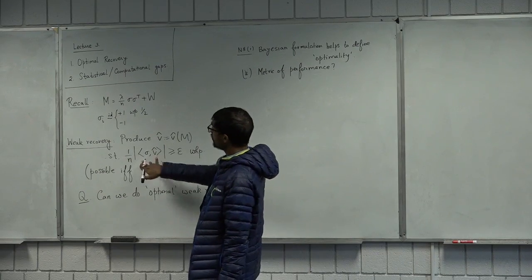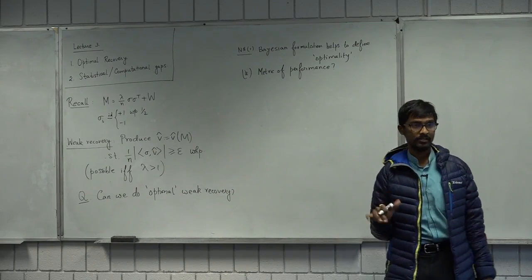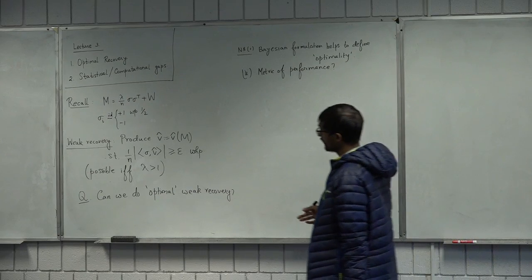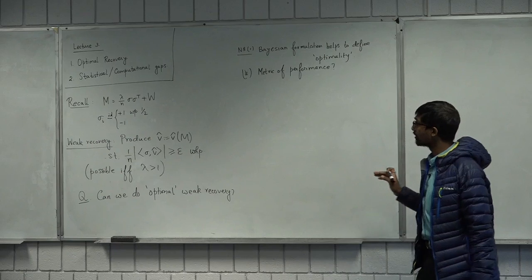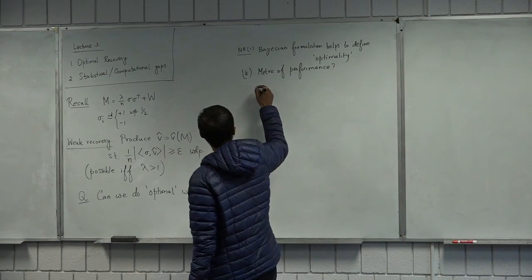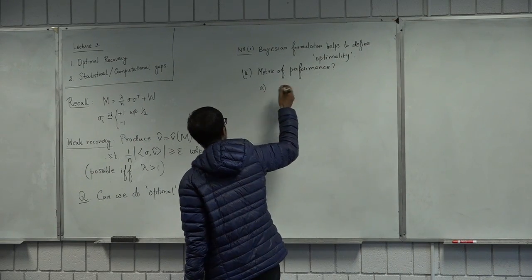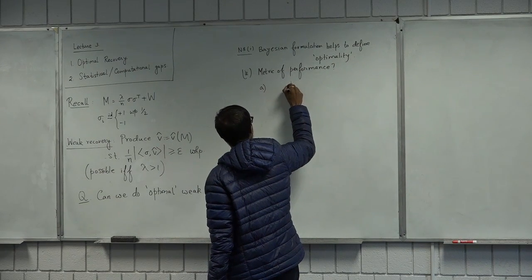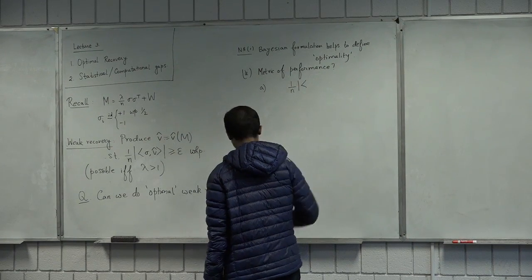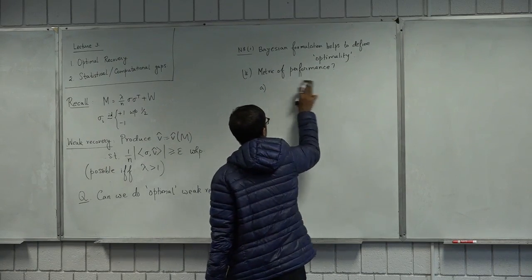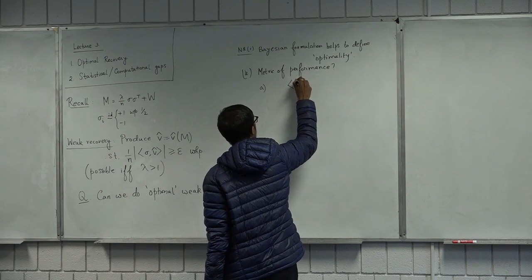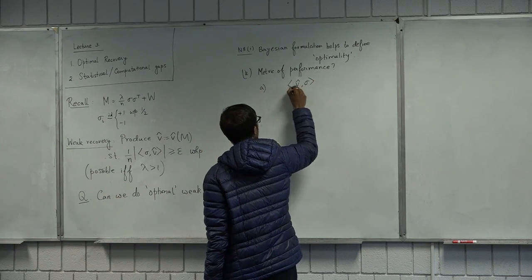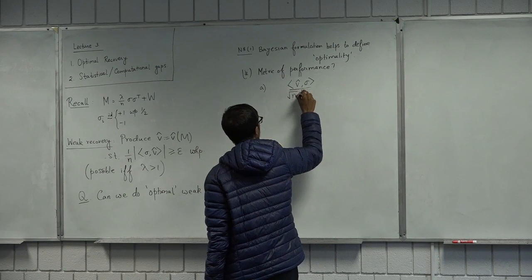I need to look at the absolute value of the inner product because there is always this sign symmetry involved in the problem: you can't distinguish between sigma and minus sigma based on your observation. So, for example, given an estimator, you can measure its performance in terms of the correlation, v hat with sigma over square root n. This could be one metric.